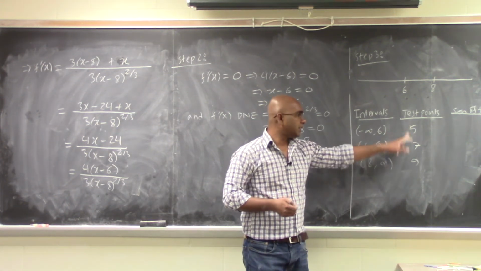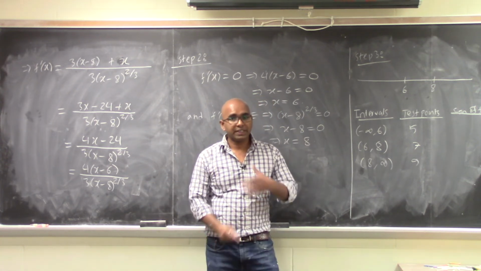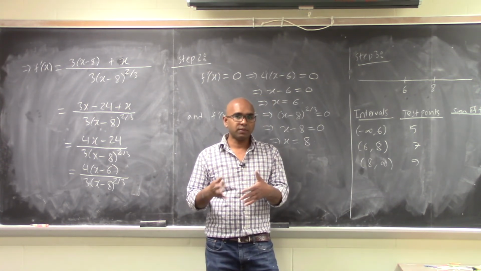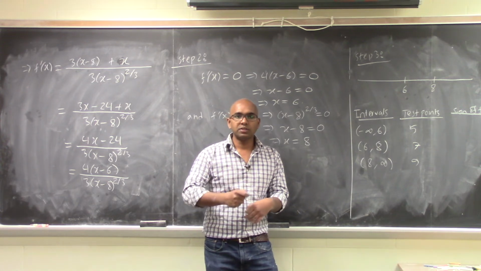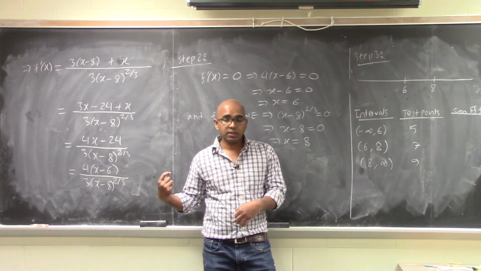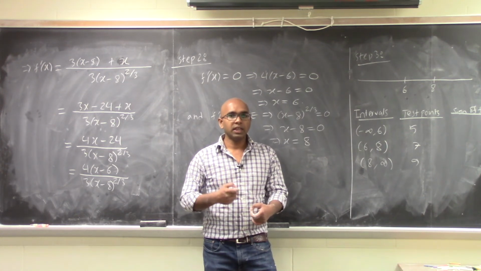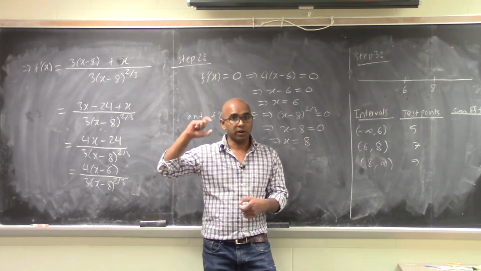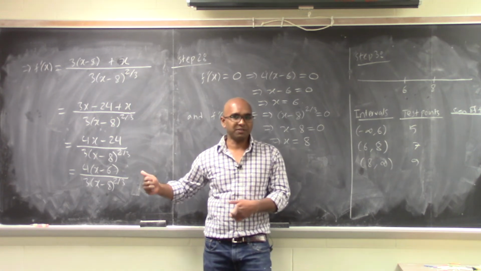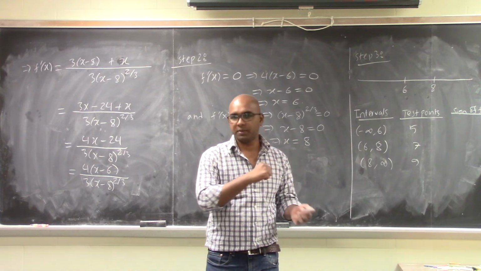You need to plug in these values into the derivative, not into the original function. When you are checking the increasing or decreasing property of a function, you plug in those values into the derivative. Okay, and once you know where you have the local maximum and local minimum, you evaluate the original function, not the derivative. Okay, yeah, this happens all the time.